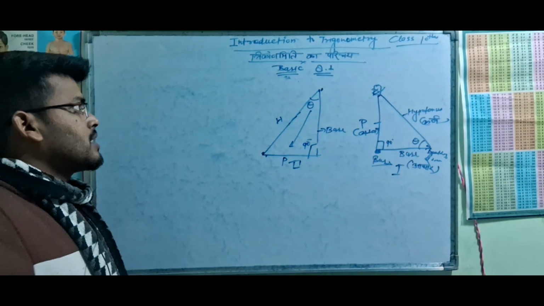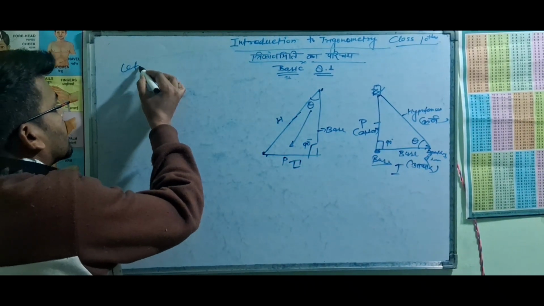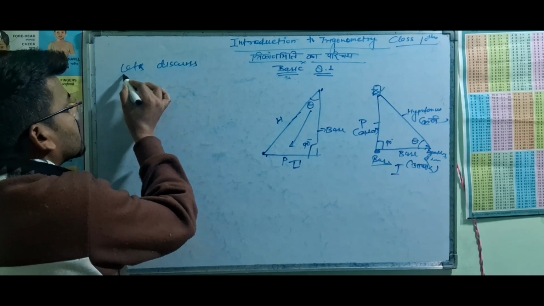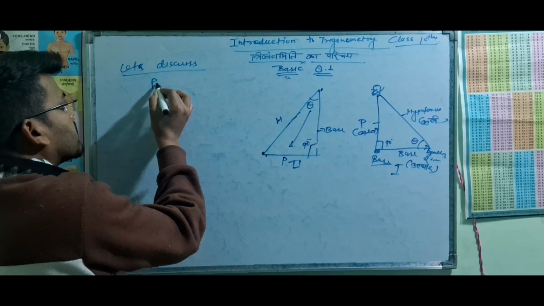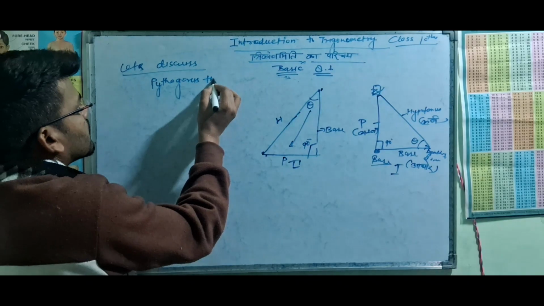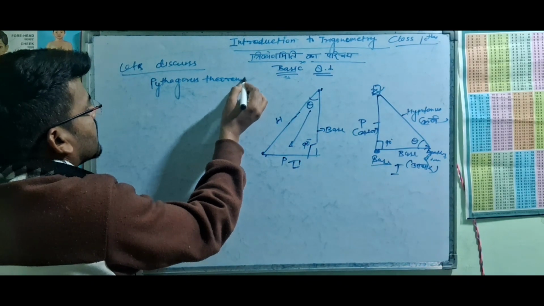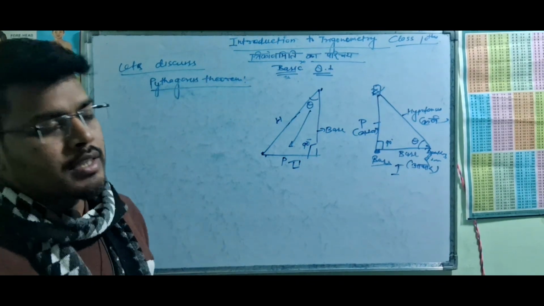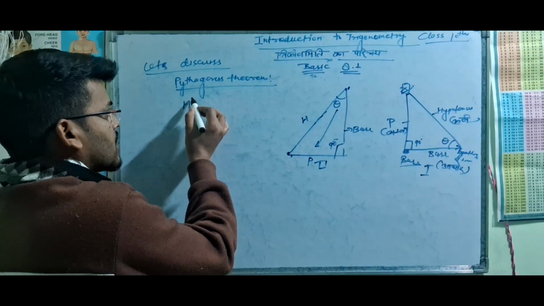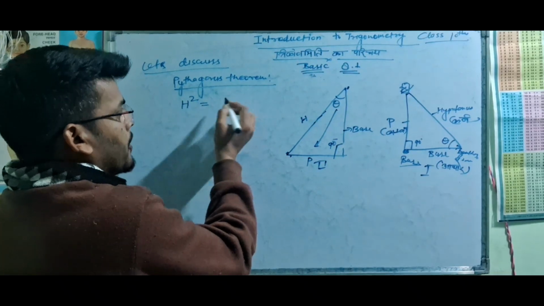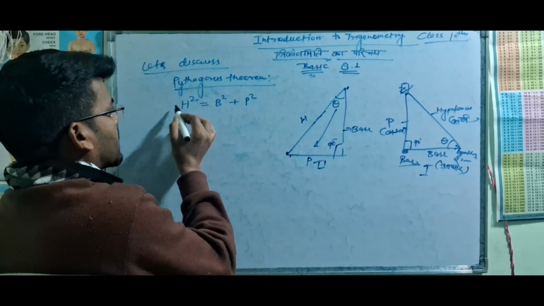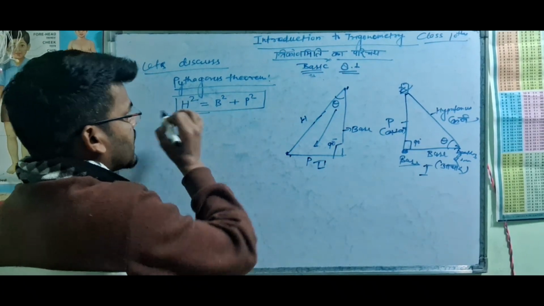Right? Now let's discuss the Pythagoras theorem. H square equals base B square plus perpendicular P square. Sorry for the inconvenience.